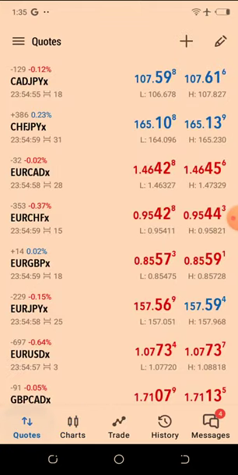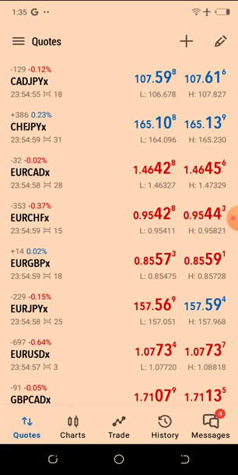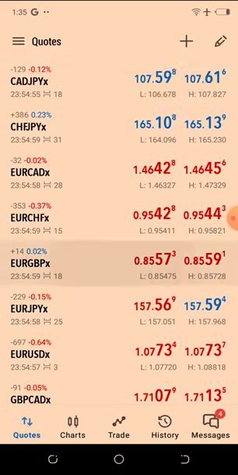So having an idea of financial markets is not only about trading foreign currency pairs. You can use it to trade cryptocurrency, any financial instrument.